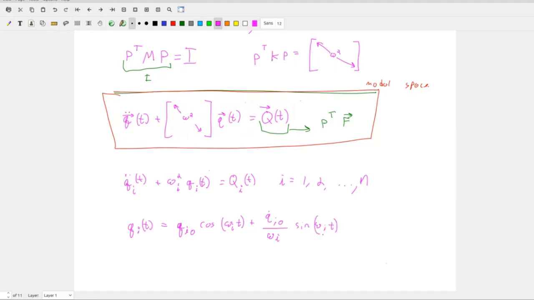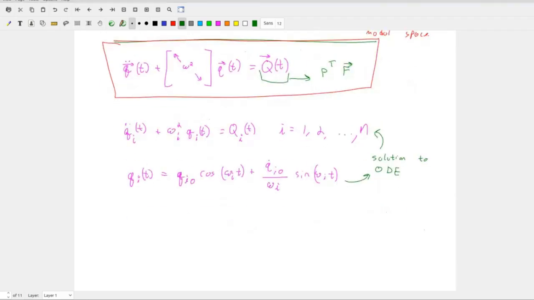That look familiar? That is just a solution to this ODE, right? And that is what we want to solve for.